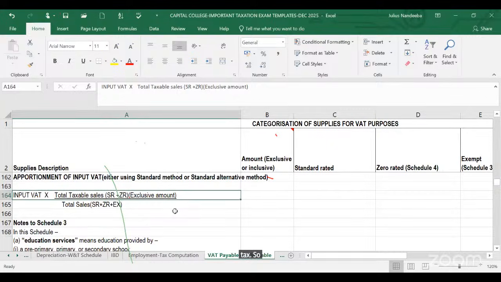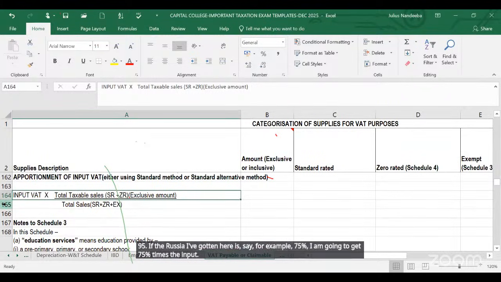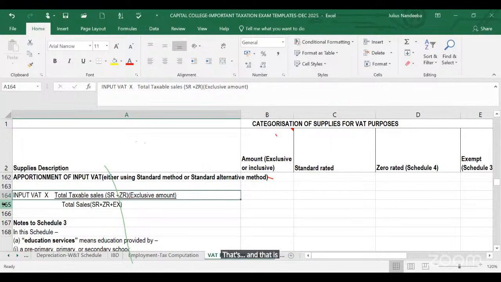So 95% and above, you claim all the input tax. 5% and below, you lose all the input tax. So when do you apportion? You apportion when the percentage is between 5 and 95. If the ratio I've gotten here is, for example, 75%, I am going to get 75% times the input tax, and that is what I can claim in my computation of input tax.